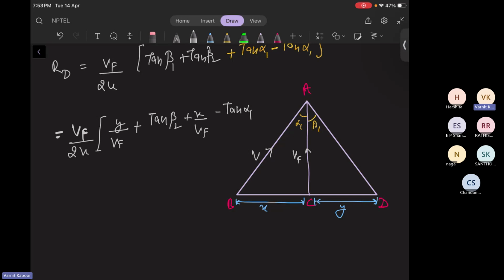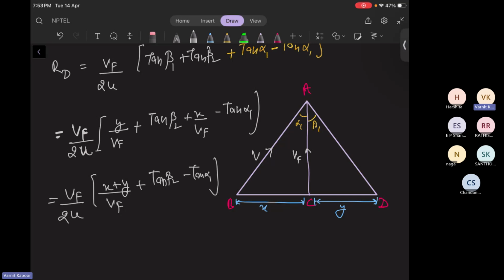One time tan alpha 1 I have written like this, X by VF, and another time tan alpha 1 I am keeping like this only. So it will be VF by 2U times (X plus Y by VF) plus tan beta 2 minus tan alpha 1. You will understand why I'm doing like this.